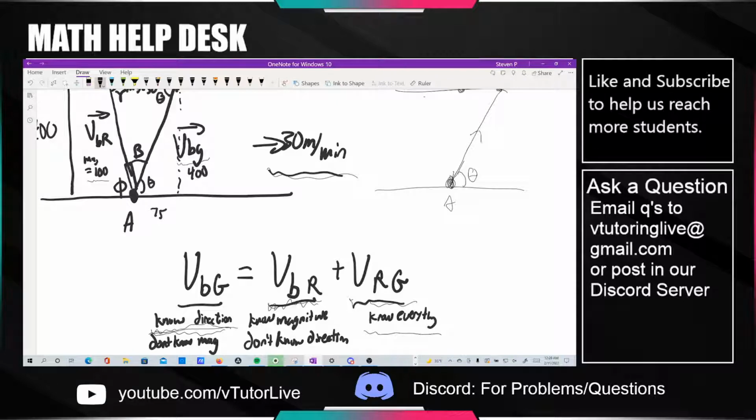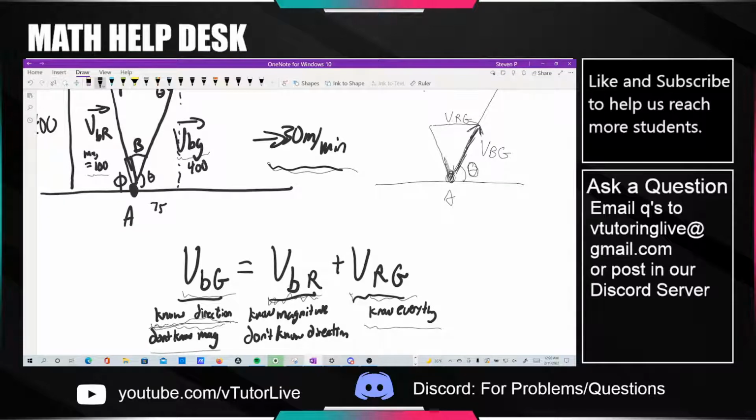Because this is the velocity of the boat relative to the ground. We have a little triangle that looks like this. This is the velocity of the river with respect to the ground. It's perfectly horizontal. We have some angle right here that corresponds to this vector, which is the velocity of B relative to the ground, and we don't know its magnitude yet.